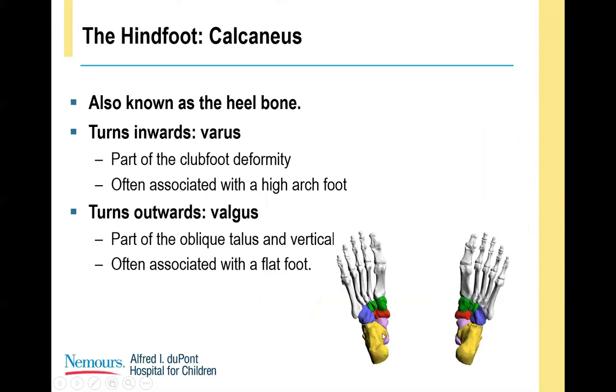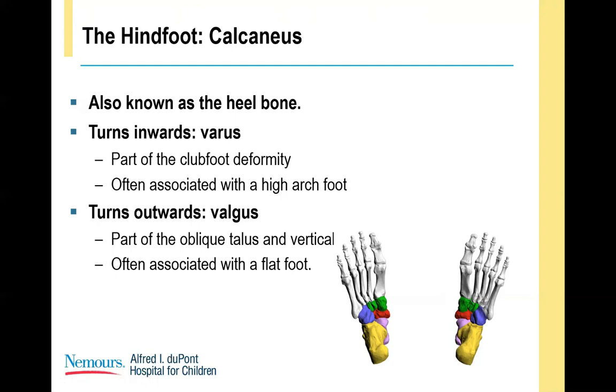The other bone of the hindfoot is the calcaneus. It's also known as your heel bone. It's this big broad bone, and your talus, this purple bone, sits on top of the calcaneus. And it is how the foot is named. So if it's turned in, such as in a clubfoot deformity, it's called a varus position.